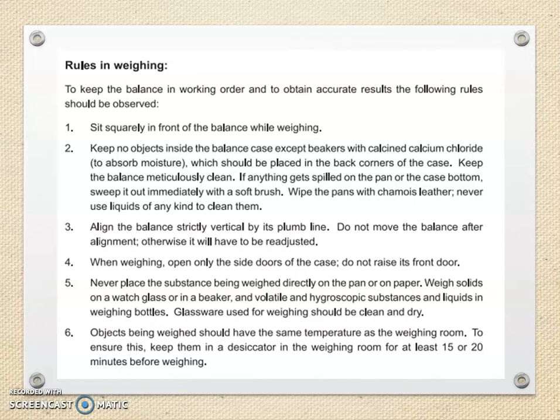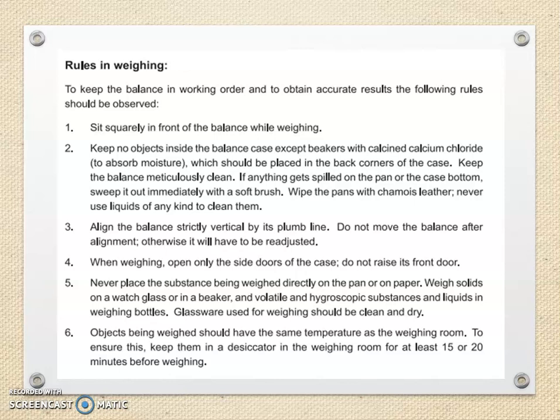Next rule, align the balance strictly vertical by its plumb line. Do not move the balance after alignment, otherwise it will have to be readjusted. Fourth rule, when weighing, open only the side door of the case. Do not raise its front door. Next rule, never place the substance being weighed directly on the pan or on paper.